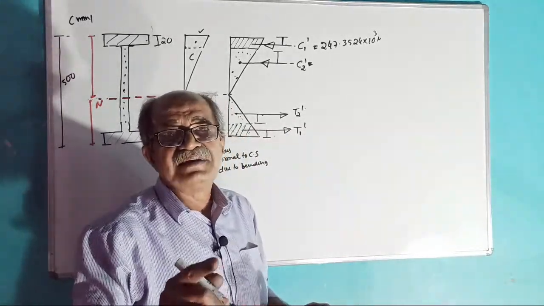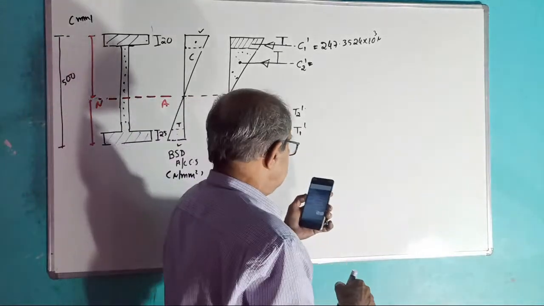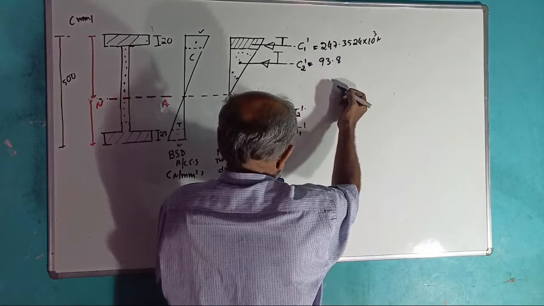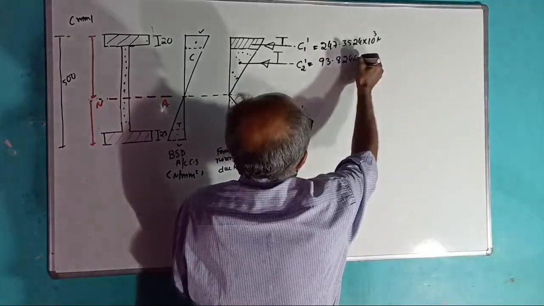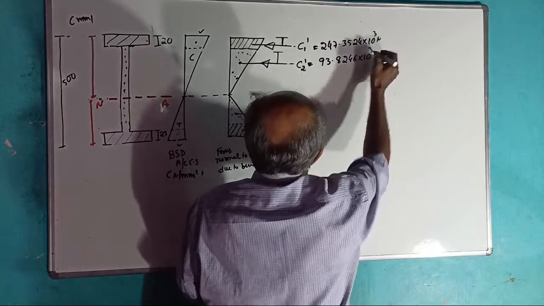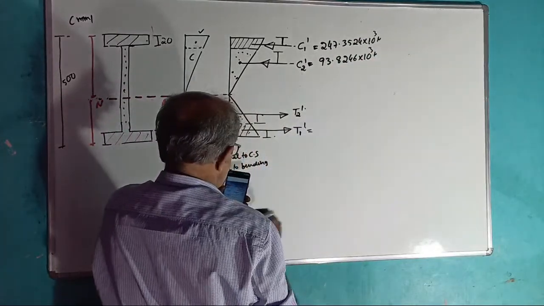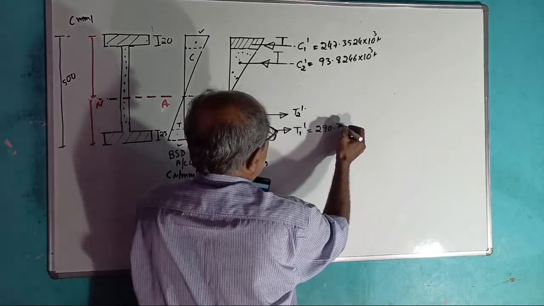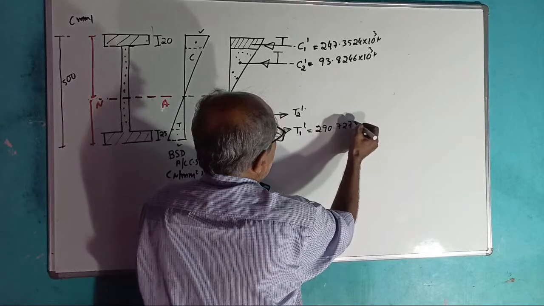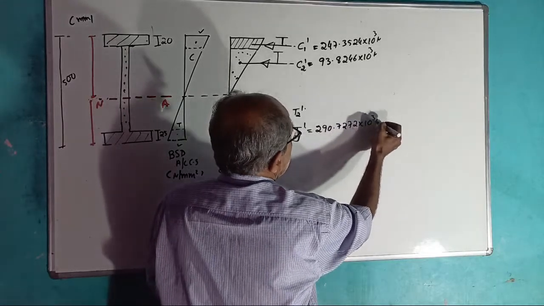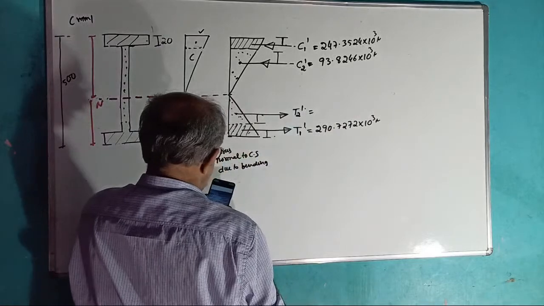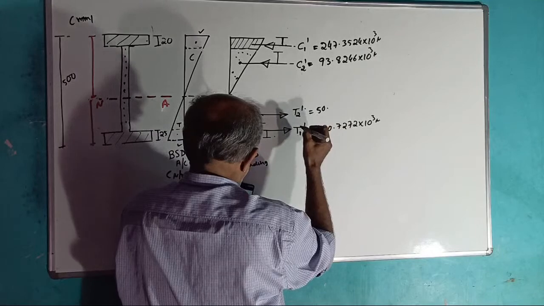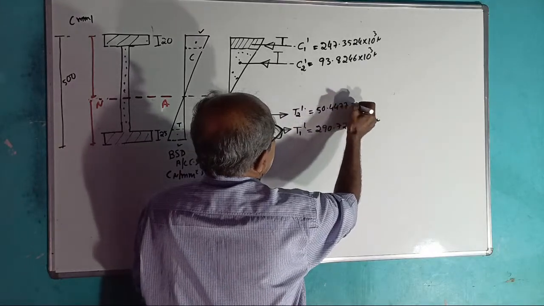C2 dash is 93.8246 × 10^3 Newton. Then T1 dash is 290.72 × 10^3 Newton. T2 dash equals 50.4477 × 10^3 Newton.